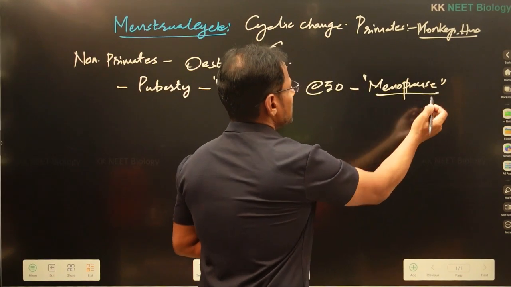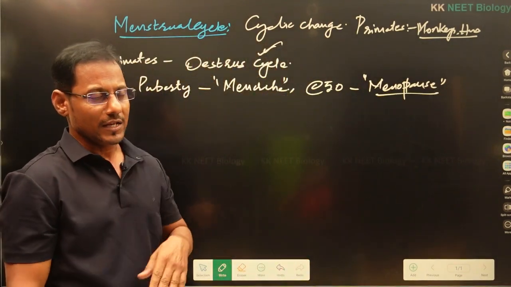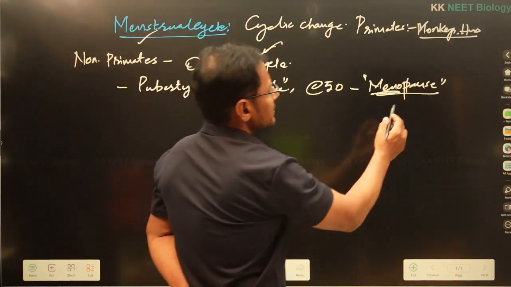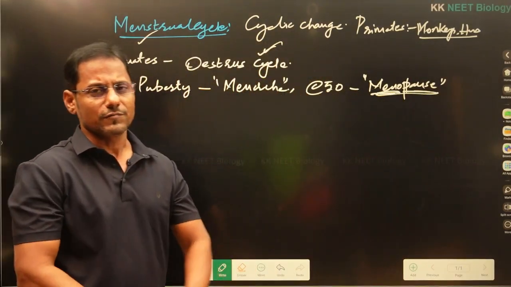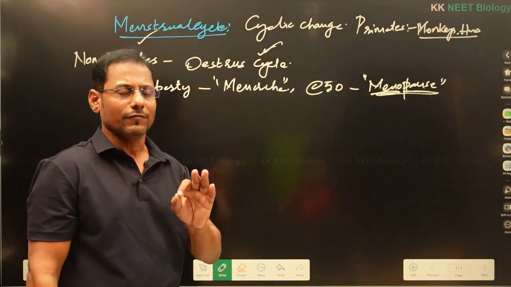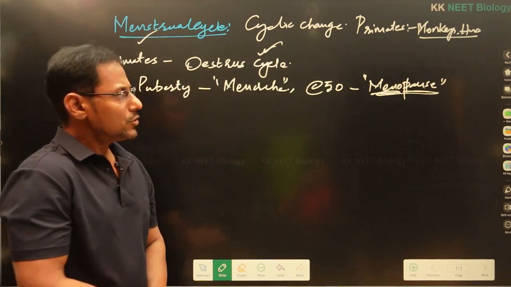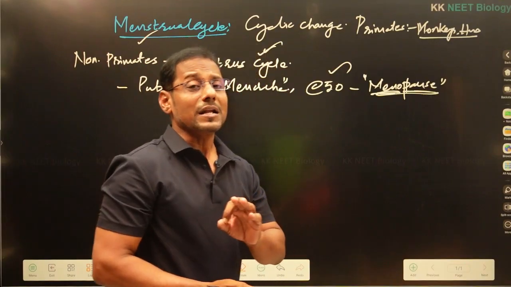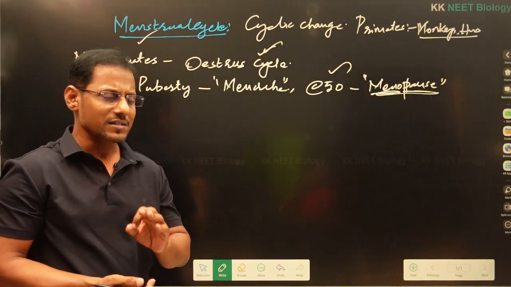The name itself is explaining to us: meno in the sense of menstrual cycle, pause in the sense of stop. So if the menstrual cycle is being stopped, then that phenomenon is known as menopause. That may be in case of age, and sometimes it is temporarily ceased.